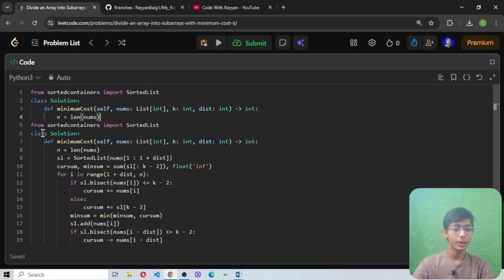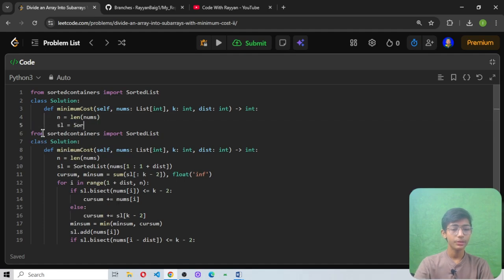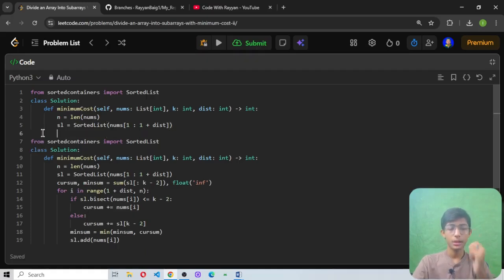We found the length of our nums. SL equals SortedList(nums[1:1 + dist + 1]). Then cursum, minsum equals sum of SL[:k - 2], then float inf.